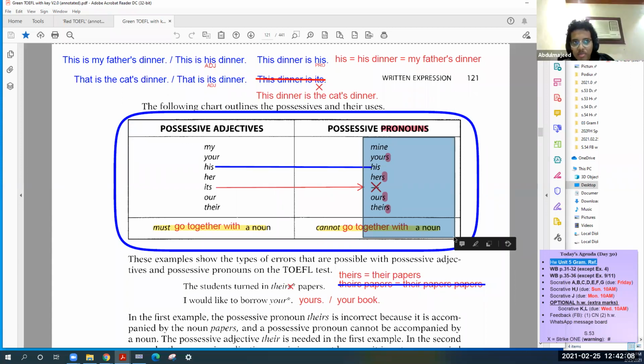How about my grandfather is kind. Is it okay to say my grandfather, he is kind? No. Why? Because you have extra subject here. Yes, that's a double subject.